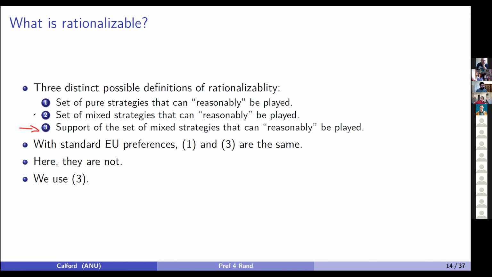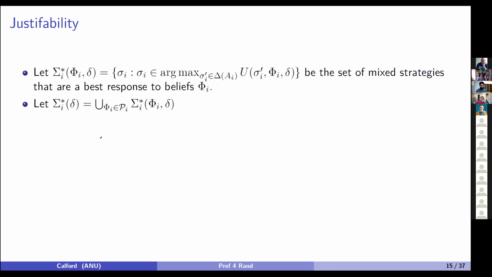If we use 1, the observer might see a pure strategy realization that they believe is not rationalizable or not reasonable, but is in the support of the mixed strategies that can be reasonably played. So it would not be appropriate. And if we take the view that we can't observe a mixed strategy, well, we rule out 2. And so the only sensible way to go is to use definition 3. So that's what we're going to do for rationalizability.